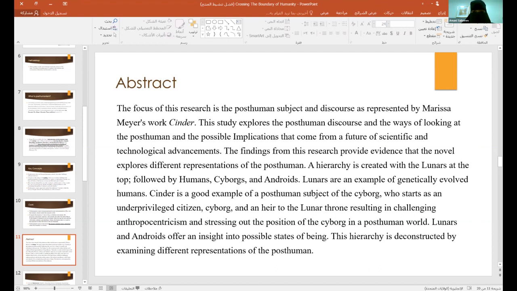And according to the definition of many theorists, the very idea that we are receiving information and exchanging information through machines, through technology, through computers, and we're accepting that makes us post-human.